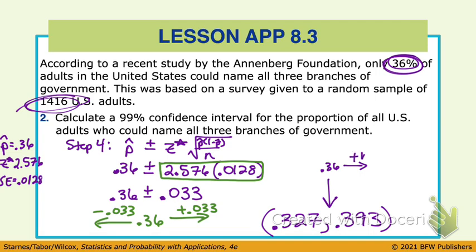I added the margin of error, which was equal to 0.033. That got me the 0.393. I subtracted the margin of error, and I got 0.327. And that's the interval.